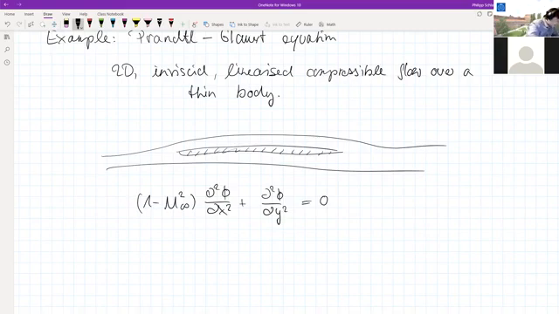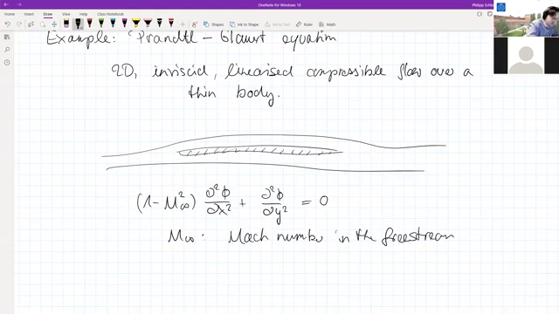And so the parameters that we have in here: we have M infinity, that's the Mach number in the free stream. So if I have the free stream here, so I have u infinity here, then the Mach number obviously is u infinity divided by the speed of sound c infinity.